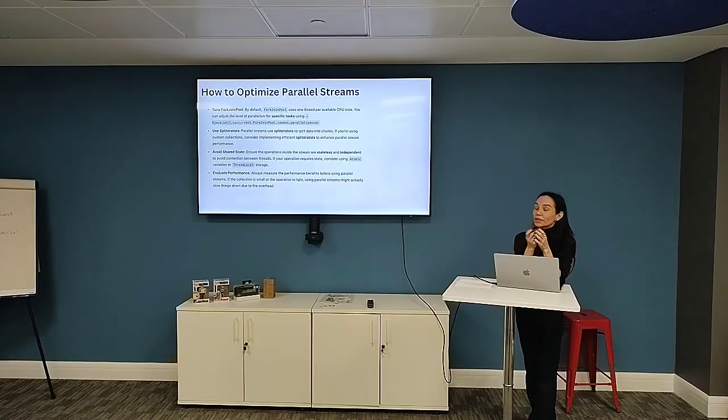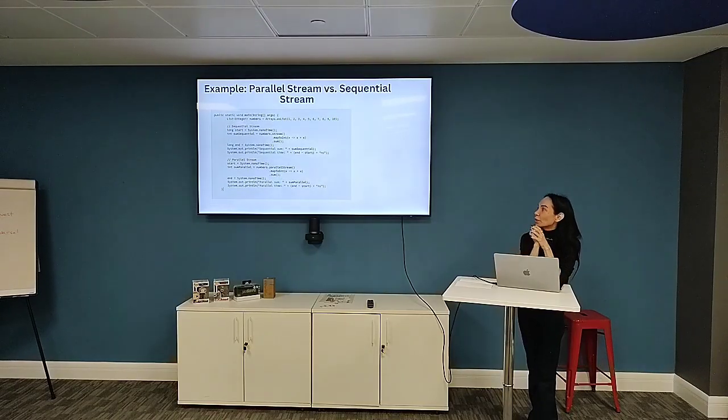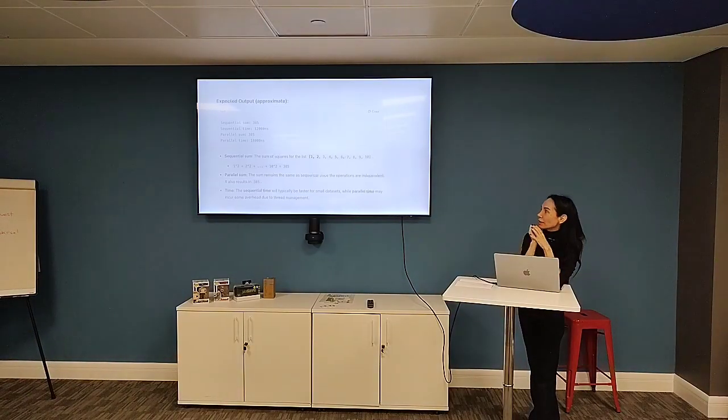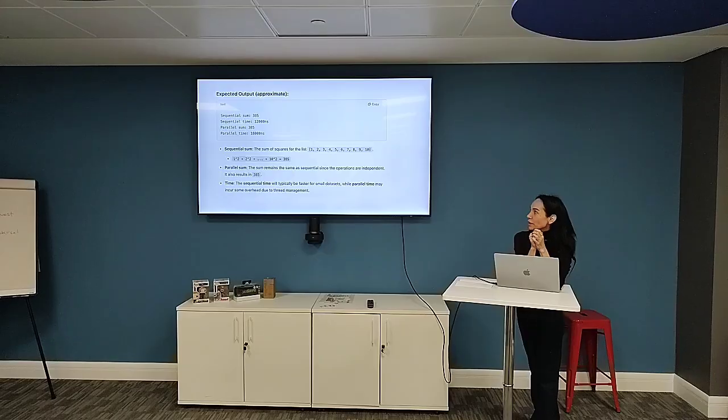Why? Because there is a sequential stream and a parallel stream, and I will now explain on my example. This is a pretty simple example where we have a very small data set, just 10 elements, and we need to perform some straightforward calculations on them. And there is the output. In this case, as you see, sequential time is less than the parallel stream.